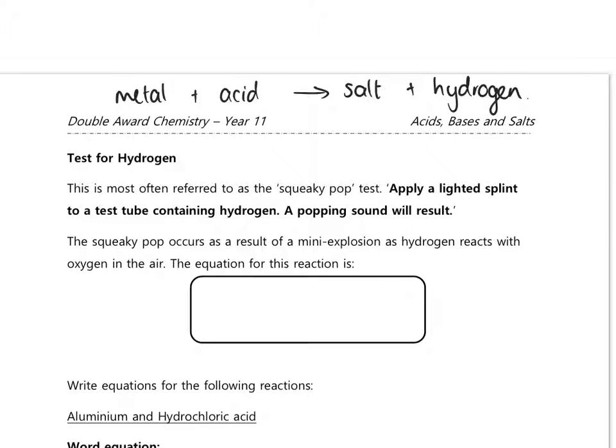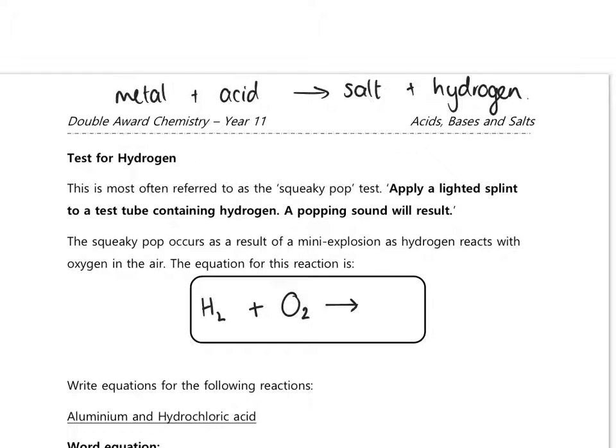But what you also need to look at is what is actually happening when you are carrying out your Squeaky Pop test. The reason for the pop is that it's a mini explosion of hydrogen. Hydrogen is reacting with the oxygen in the air and it is exploding. So hydrogen, which is H2, is reacting with the oxygen in the air, which is O2.